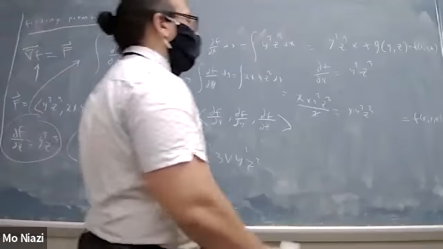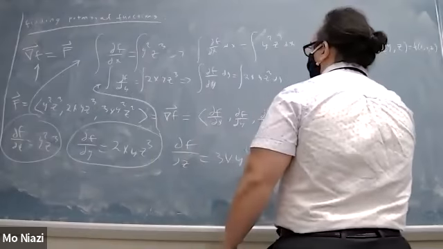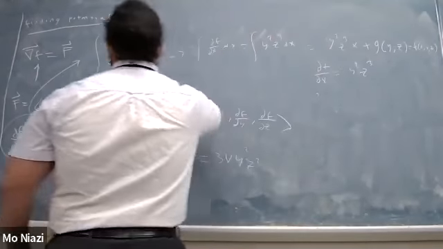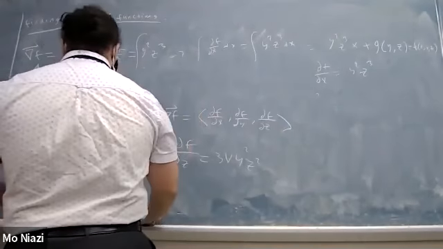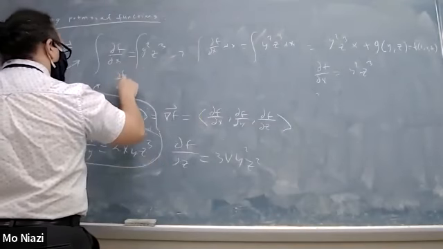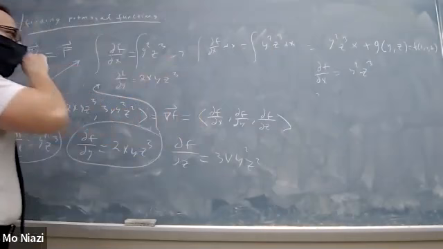What am I doing? Okay, I want to backtrack, because I went down the wrong rabbit trail here. Let's go back to just discussing this function here. Partial f, partial y is equal to 2xyz cubed. Okay.